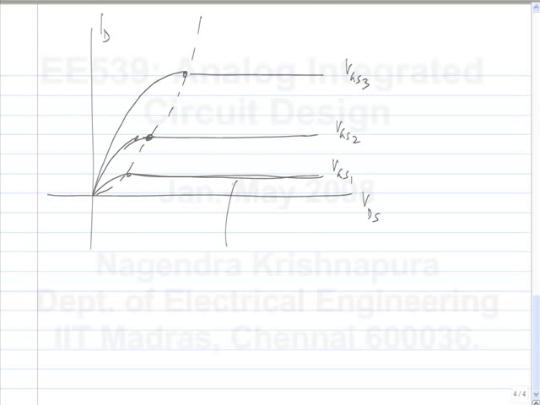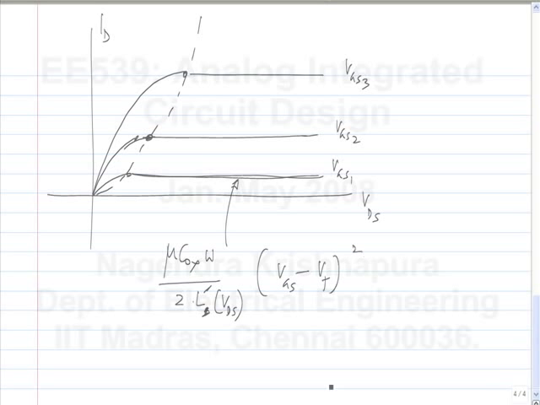So the current in this region would be L prime, which is a function of VDS, times (VGS minus VT) squared. Now the dependence of L on VDS is some complicated thing which we are not particularly interested in.